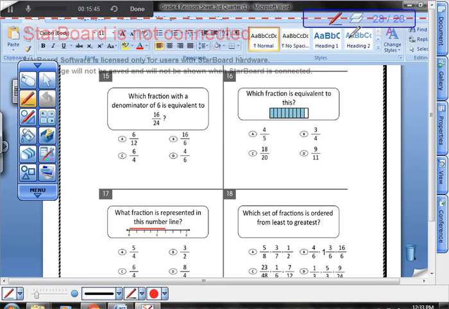Number 15, which fraction with a denominator of 6 is equivalent to 16 out of 24? All of the choices are less than 16 and 24, so it means we will divide up and down by the same number.